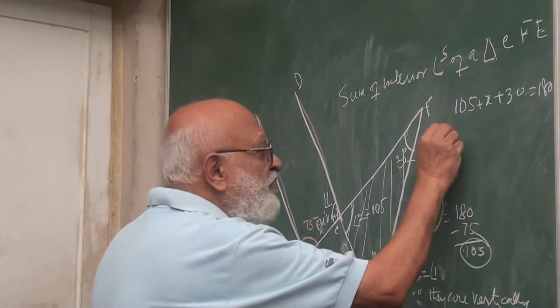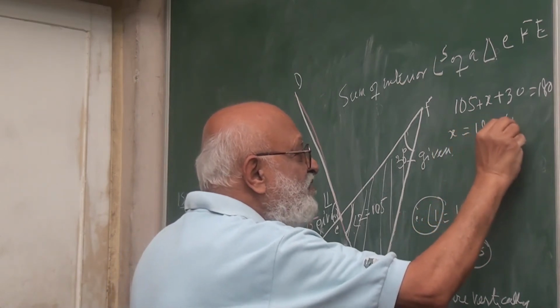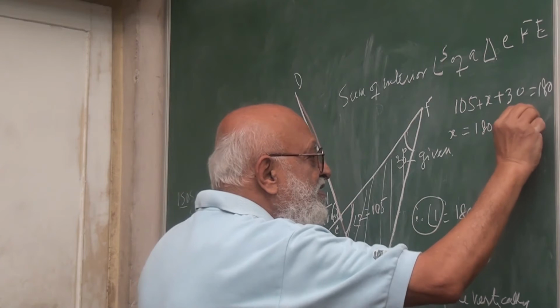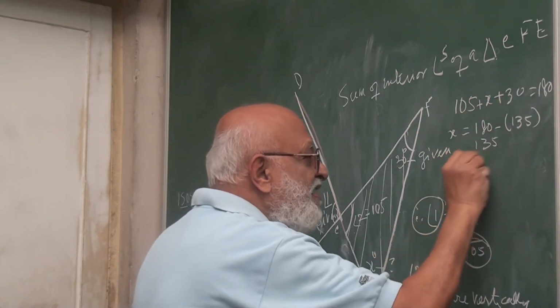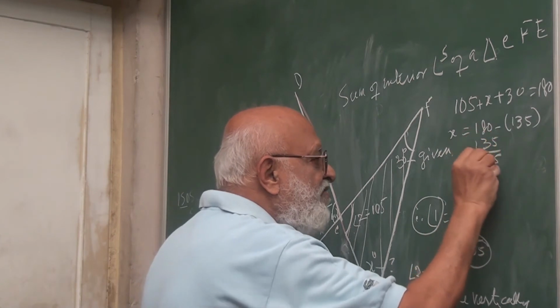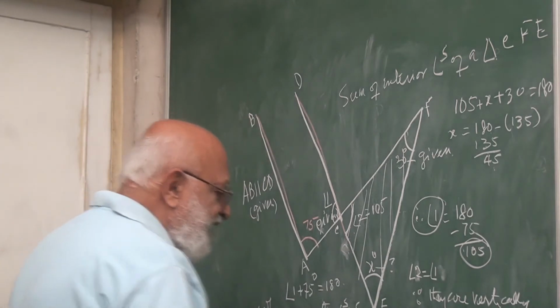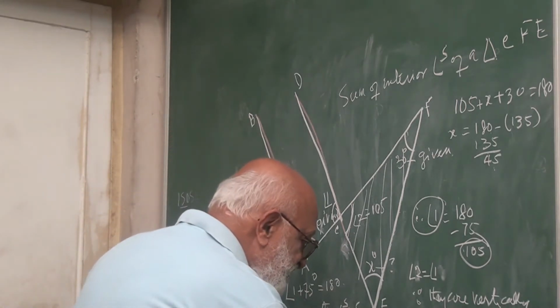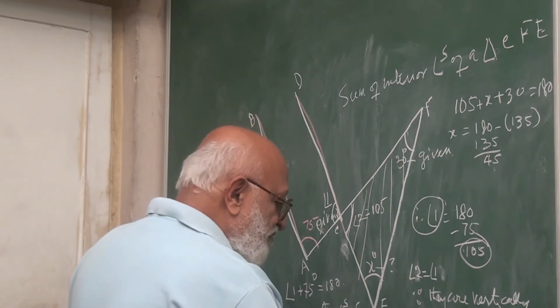So x is equal to 180 minus 135, which is 45. So this angle x is equal to 45 degrees.